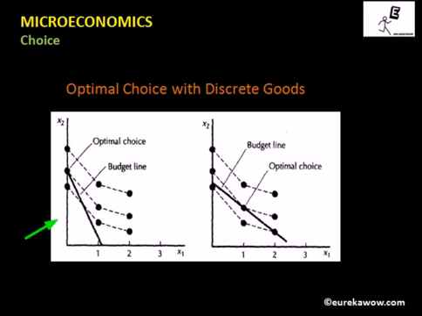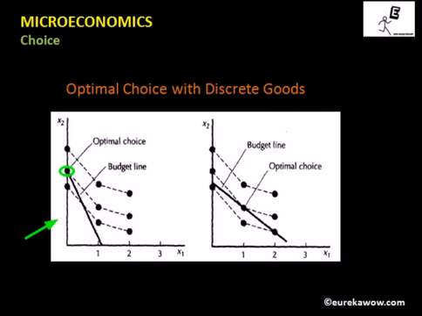Now if you look into this diagram, the one on the left, the budget line is given, as you can see. Now the optimal choice is this point. Why do we say the optimal choice is this point? First, it is affordable, so it can be a point of optimal choice. Next we should check whether this point will give the maximum utility to the consumer as compared to all other bundles that are affordable by the consumer.